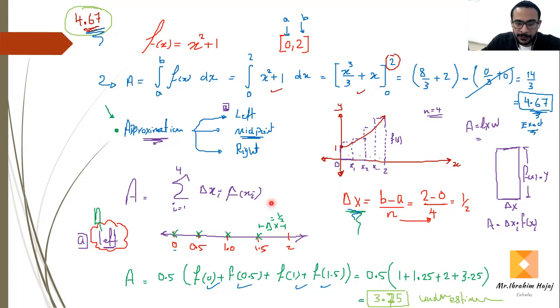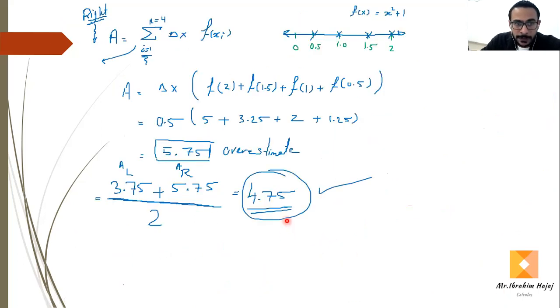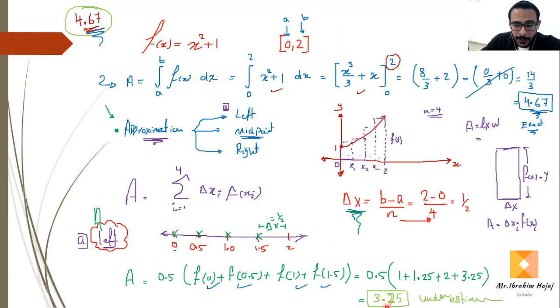From the left, we take only the leftmost points, 0, 0.5, 1, and 1.5, and then find f of 0, f of 0.5, f of 1, and f of 1.5, and so on like this. So from the left, it's an underestimate.